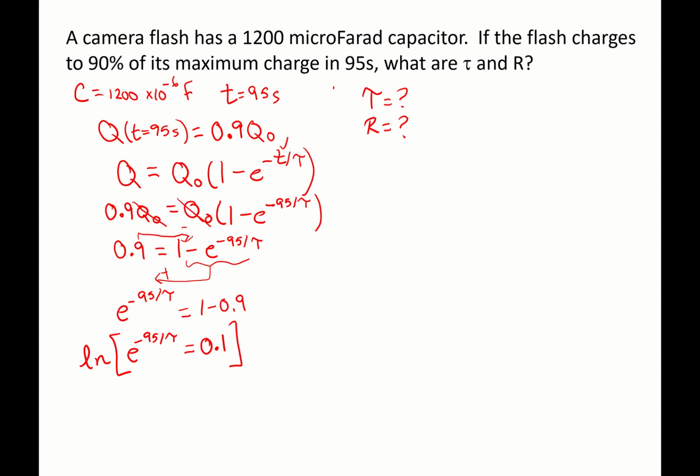The natural log of e to the x is just x, so I get minus 95 over tau on one side, and on the other side, the natural log of 0.1.